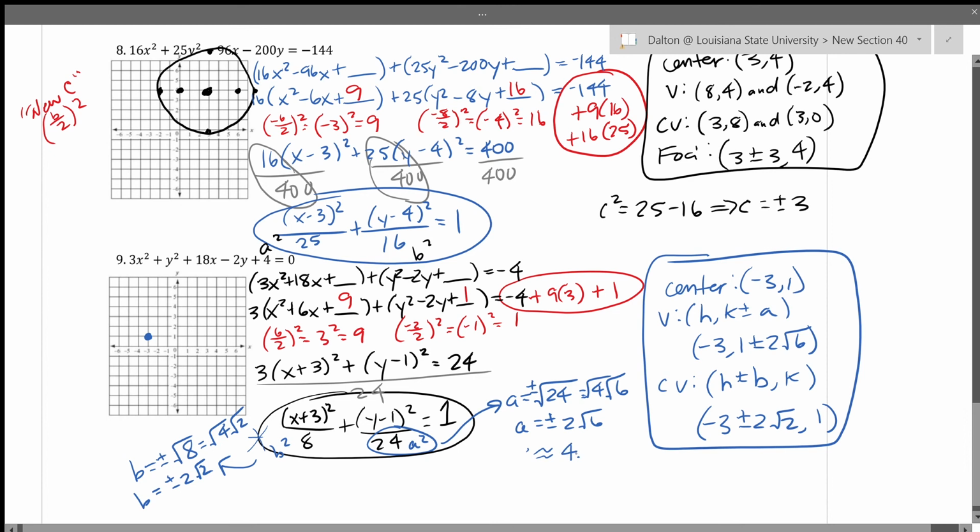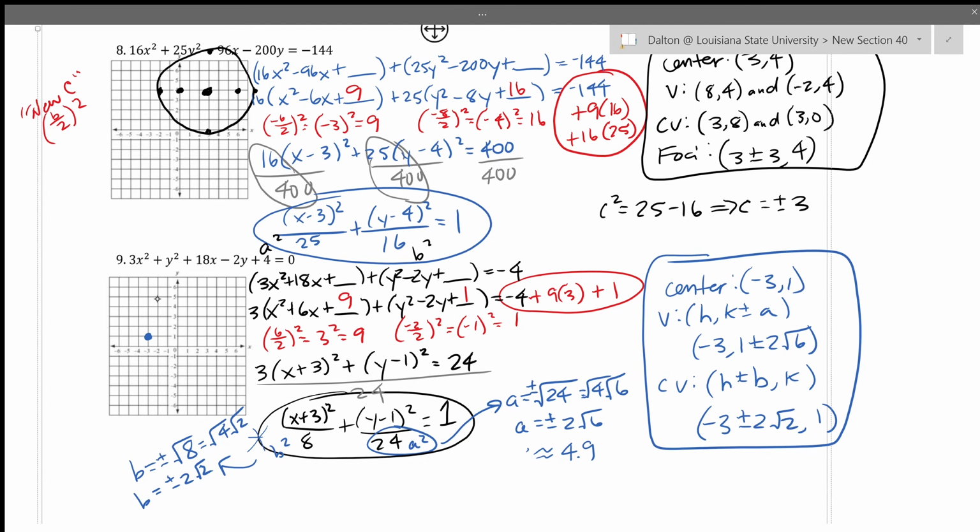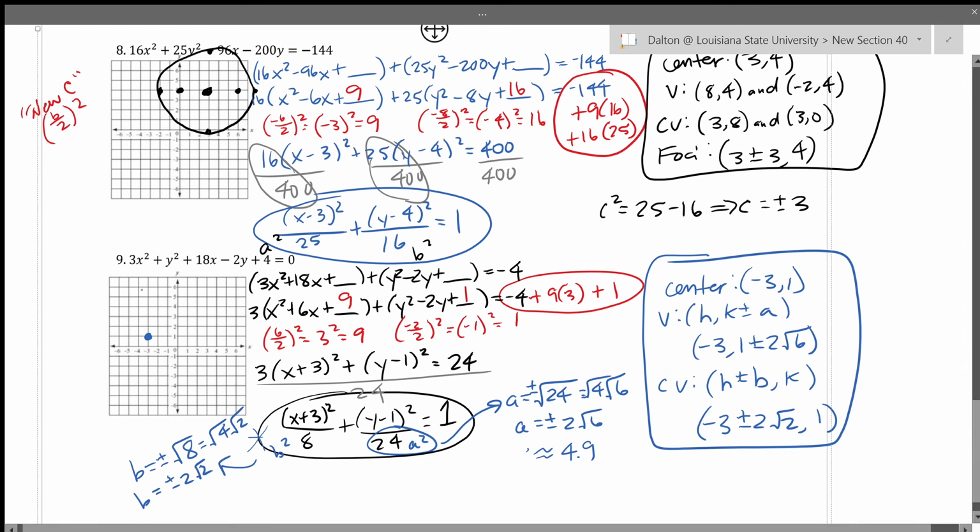Say again, Zach, I'm sorry, 4.9? Okay, so it means from the center point, we're going to go up almost 5 and down almost 5. And then 2 square roots of 2 is going to be like 2 point something. So we can just go a little bit over 2 to the right and over 2 to the left to estimate that.